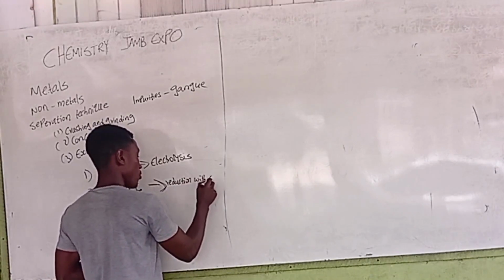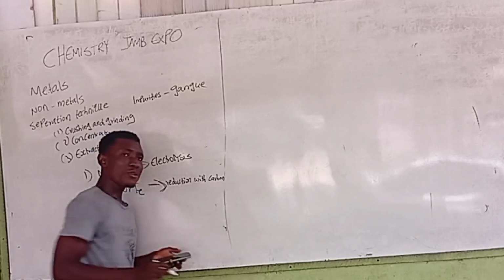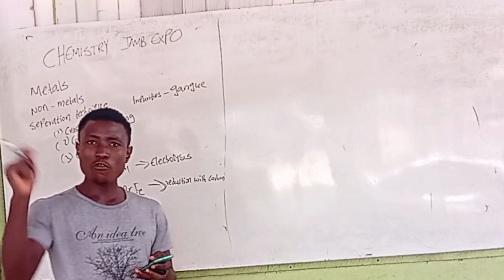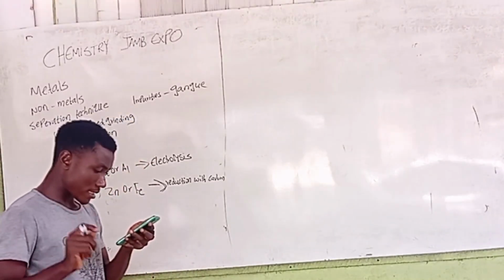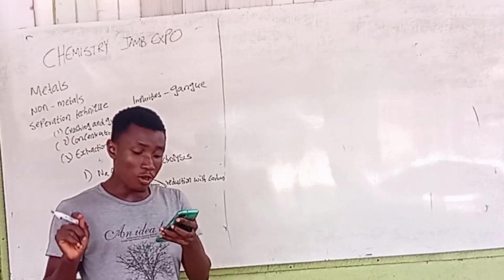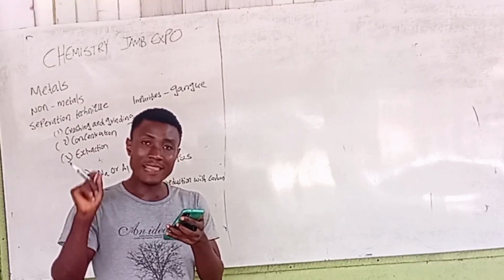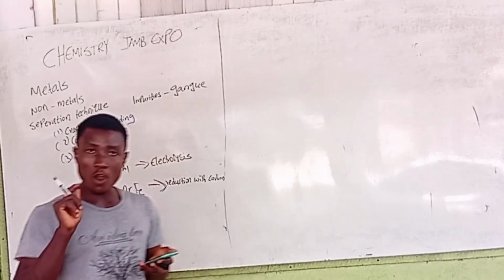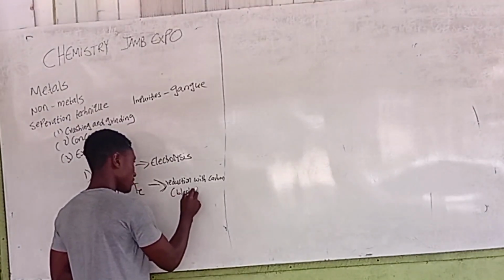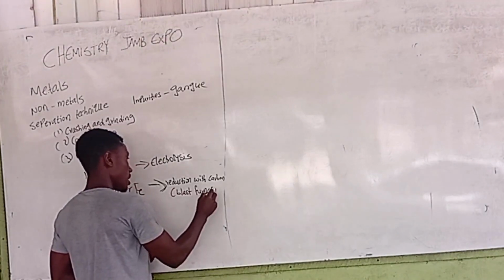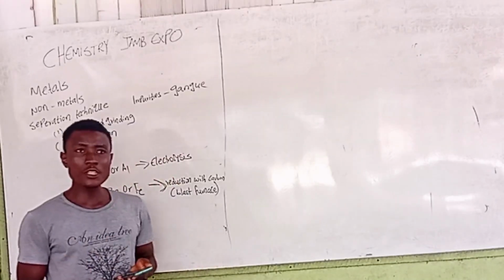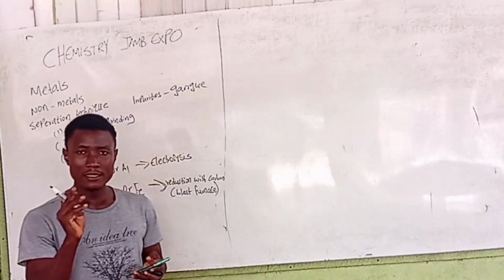The moment you say using reduction with carbon, that means there must be a blast furnace. Iron is extracted in a blast furnace using either hot air.